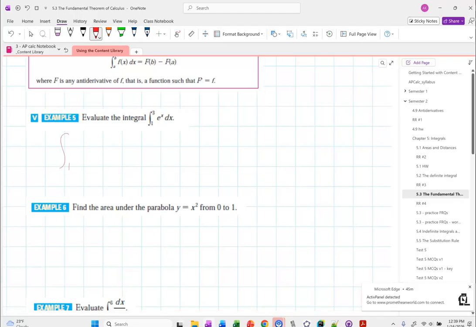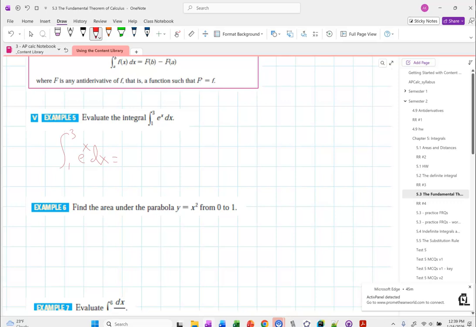Let's do an example. I want the area under the function e to the x from 1 to 3. Using the fundamental theorem of calculus part 2, what I need is the antiderivative of e to the x.